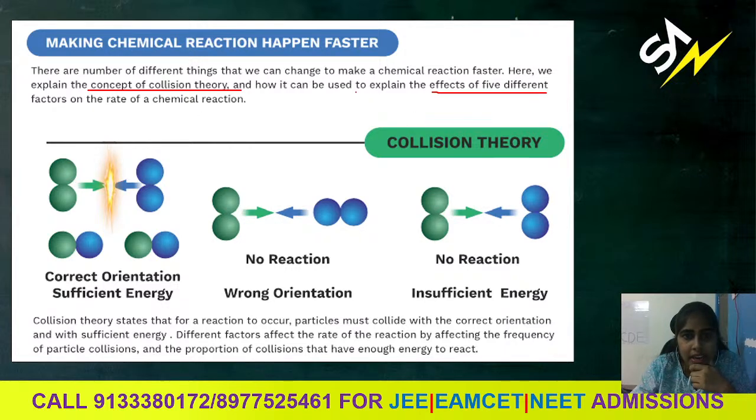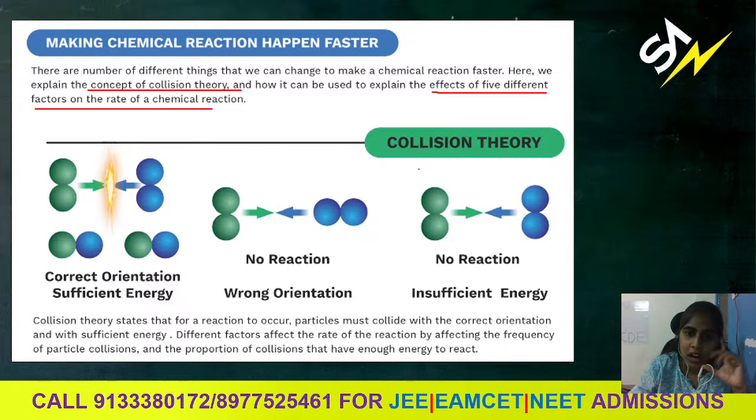It can also be used to explain the effects of 5 different factors on the rate of chemical reaction, how the rates of chemical reactions can be affected by using this collision theory.